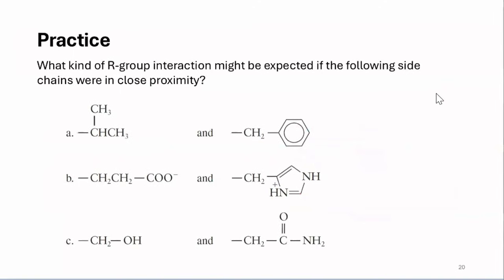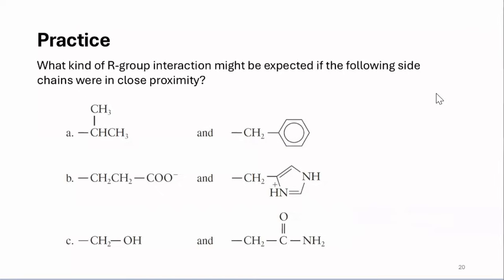We can now observe examples of prediction: if we have groups interacting, can we define what interaction they will have if they were in a tertiary structure? For example, the first pair is a side chain that is an isopropyl group versus a side chain that is a CH2 benzene.